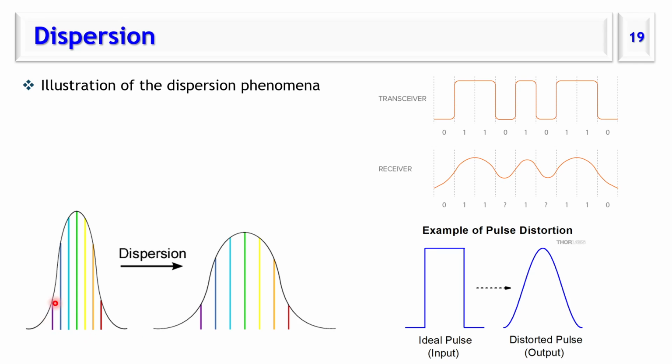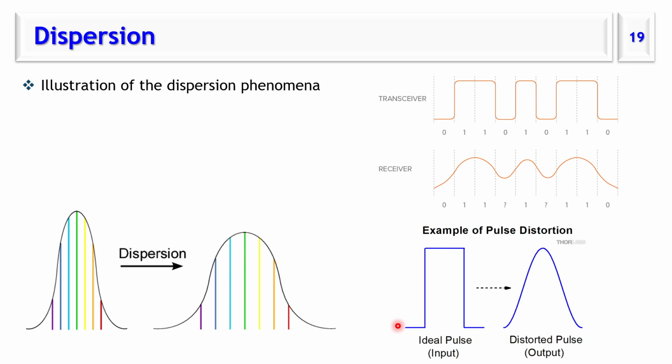We divide it into those 7 different bins of frequency. If each bin has a different speed, so if this is the fastest speed and this is the slowest speed, the further it travels, this one will travel faster than this one, and we have this spread of the signal, or dispersion of the signal.